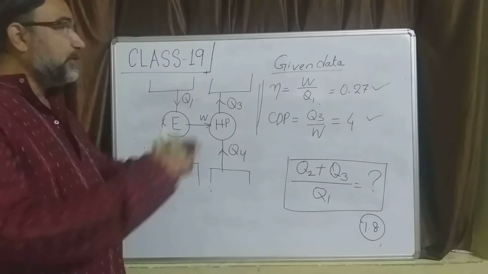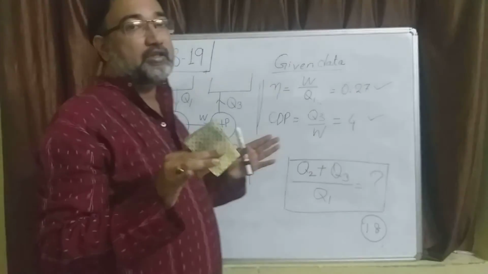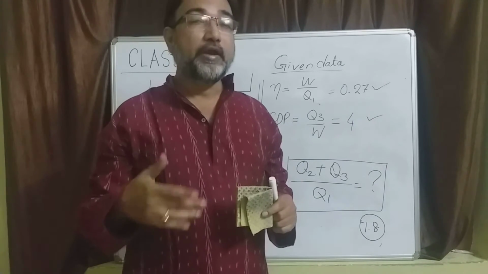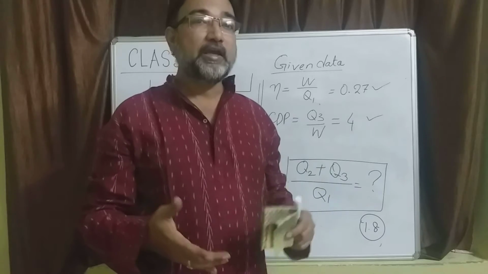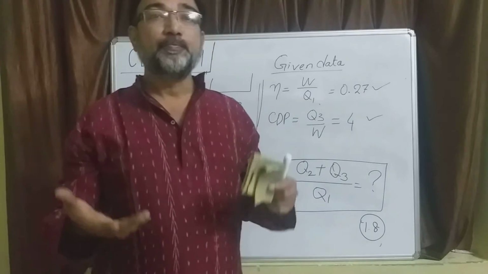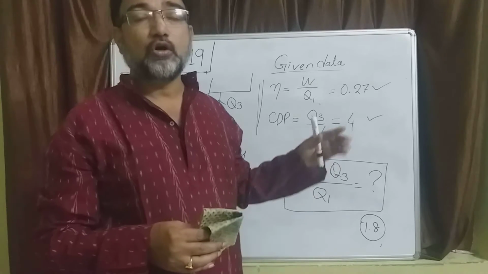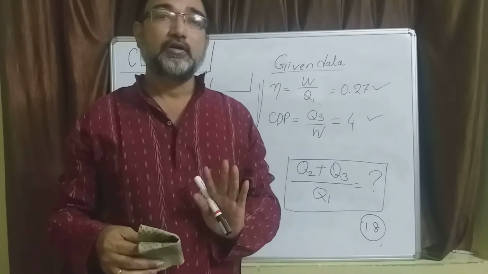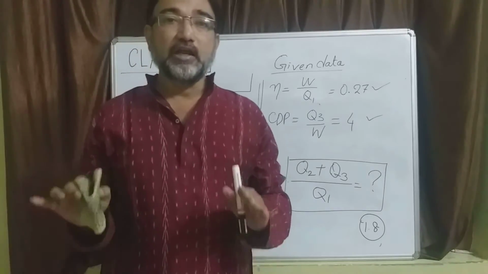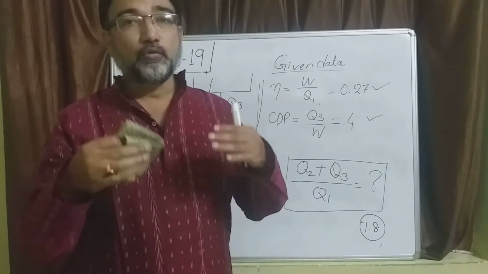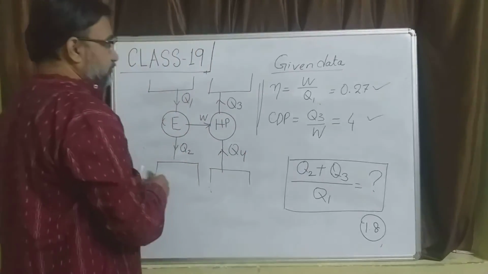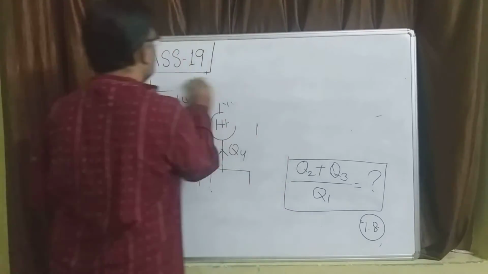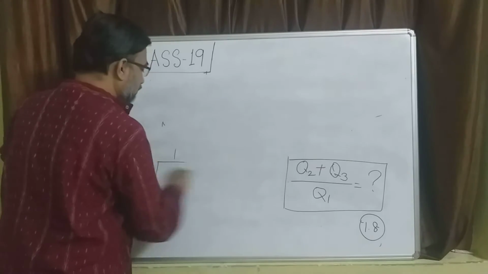First, there are no temperature values given in the problem anywhere, and no hint of these devices being theoretically maximum efficient devices, so it is not a question of a Carnot cycle for the engine or a Carnot cycle for the heat pump. They are simple plain real devices, a real engine and a real heat pump, and with that approach you have to solve the problem. So try this one. If you cannot solve it, you can tell me so that I will solve it in the next class.